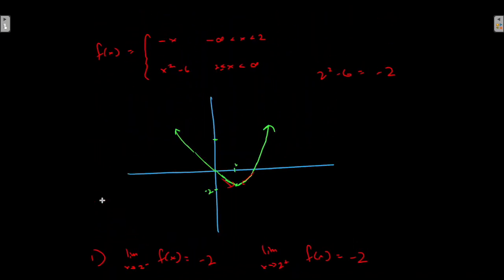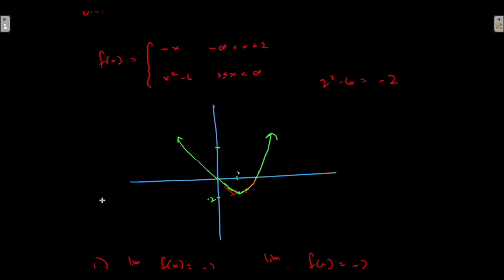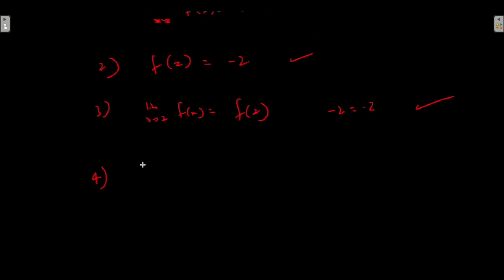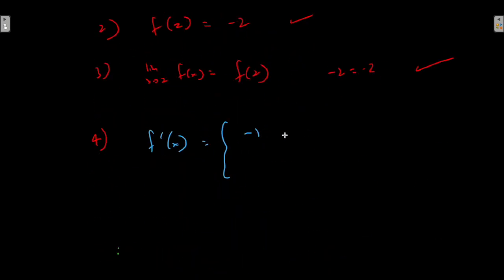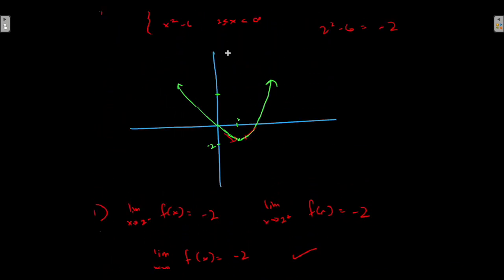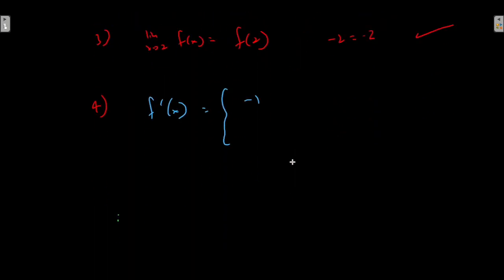So we can just write the slope of this. The slope function, I'll just rewrite it in blue. This will be our new piecewise function. We have the derivative of negative x is just -1 using the power rule. So this is in the range -infinity to 2.